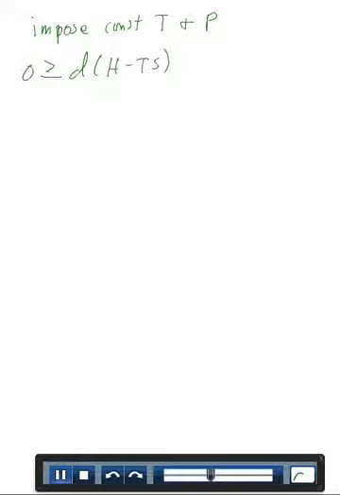And so that means I can introduce a state function, H minus TS. I'll define that as being G, the Gibbs free energy. And what that tells us is that in order for the Clausius inequality to hold, then the Gibbs free energy change for a process has to be negative, less than 0.